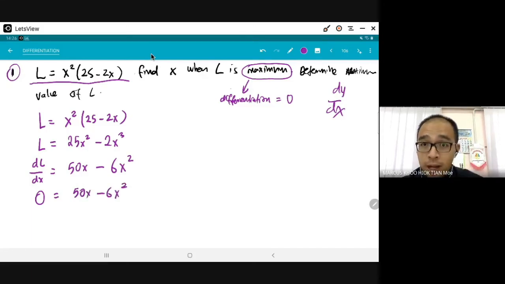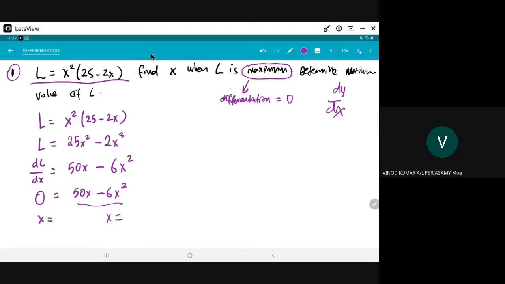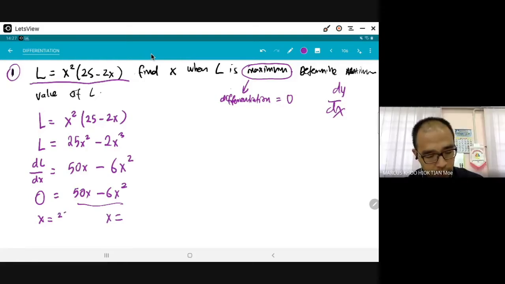We will get two values of x. Can you tell, I think only one value of x, sorry. Somebody tell me what is the value of x? You can use EQN mode, no need to waste time differentiating or factorizing. Just use EQN. Tell me, x equals 25/3 and 0.